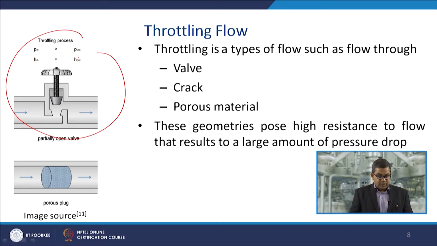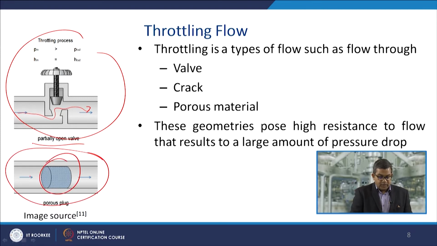You can see in these figures this is a partially open valve and you can see the throttling flow, whereas in the second figure this is a porous plug and you can see the flow is through this porous plug under the throttling behavior. So while considering the throttling flow, we can seek the help of the first law of thermodynamics.